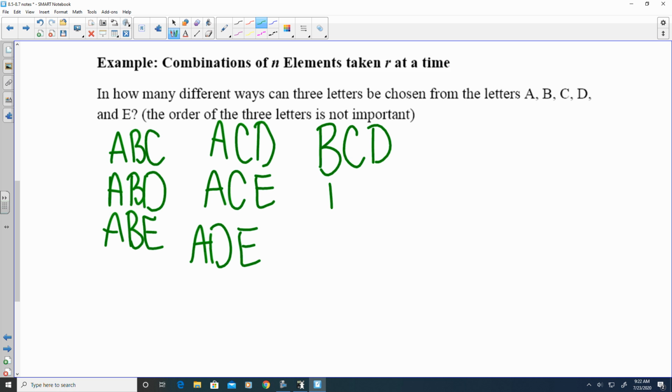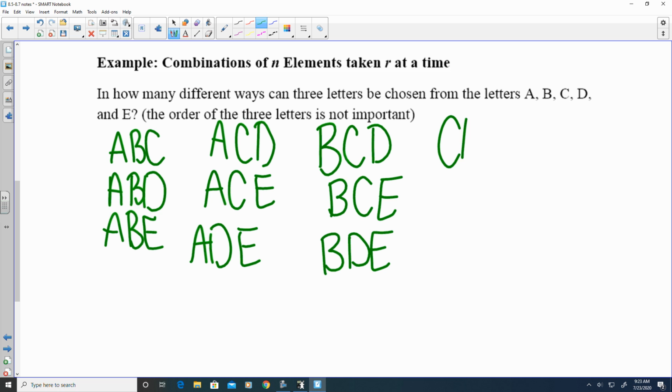B, C, D, B, C, E, B, D, E, and C, D, E. Now I think I have them all. Any other options that you could think of are probably already included in a different order. So I did list them all. There are 10 ways to do that.